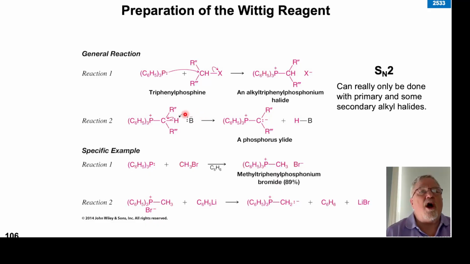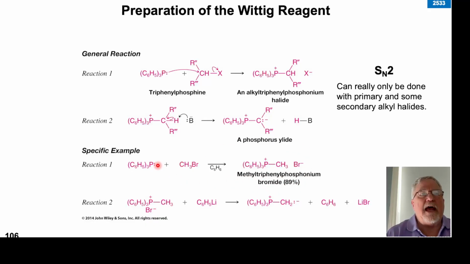And then we use a strong base, something like sodium hydride or sodium amide. Sometimes we could use a Grignard reagent, but this is not really acidic, so we need a very strong base to pull off this proton to form our phosphorus ylide, which is our Wittig reagent. It's our source of nucleophilic carbon. So this reaction goes in high yield because the methyl triphenylphosphonium bromide is very easy.